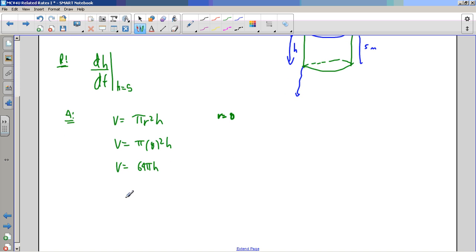I've got dV/dt, derivative of this side, and this part's just a number, so it's going to be 64 pi, but remember, h is a function of time, so I've got to take the derivative of the h, which makes sense because that's what I actually wanted to find.